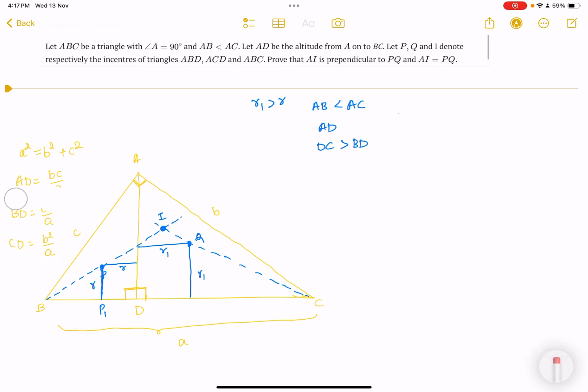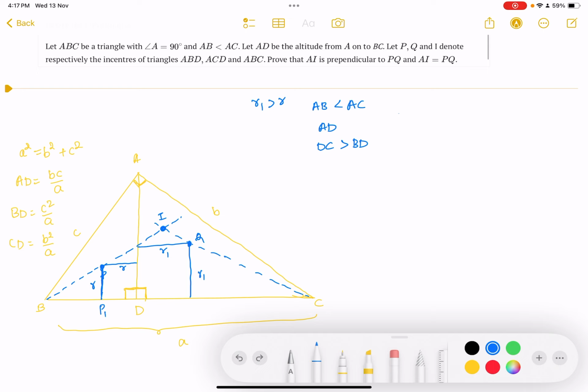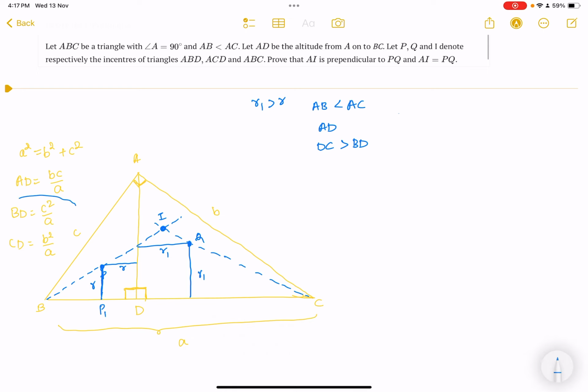From here also we can see that. CD will be greater than BD, so AB less than AC means c is less than b. Since c is less than b, BD will be less than DC from these formulas.